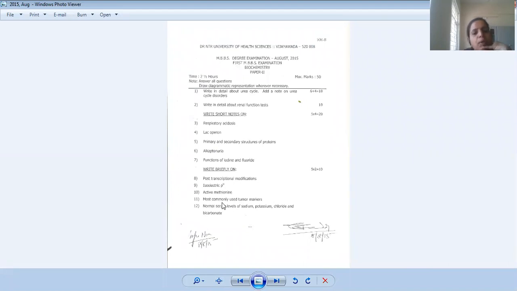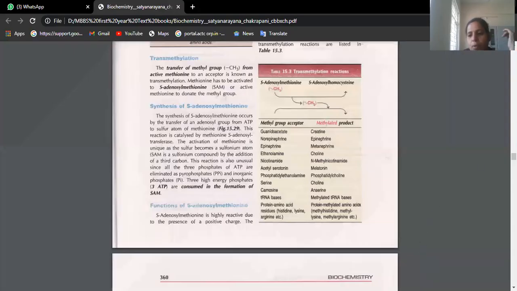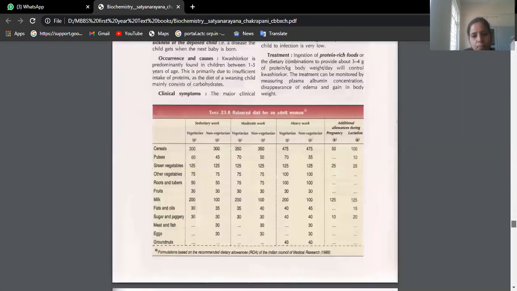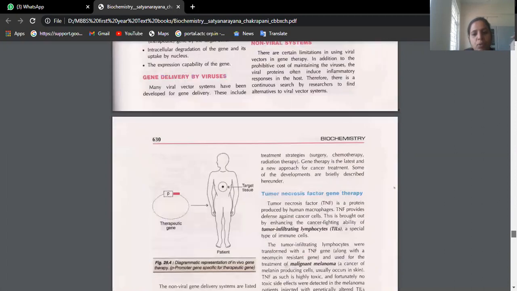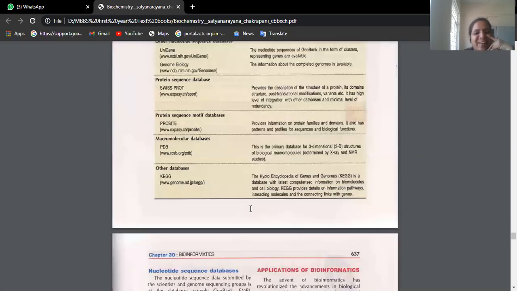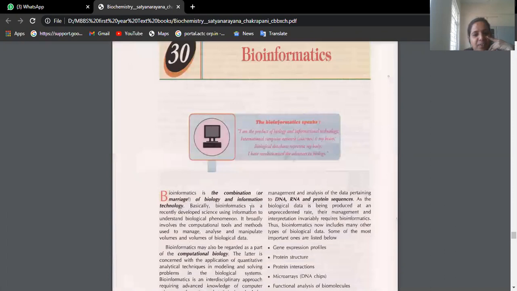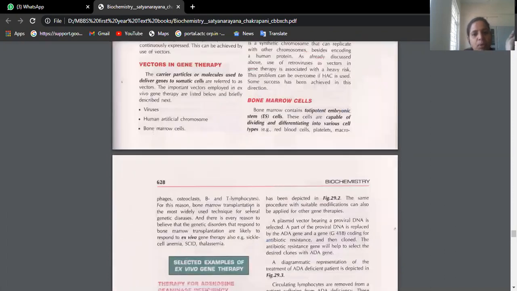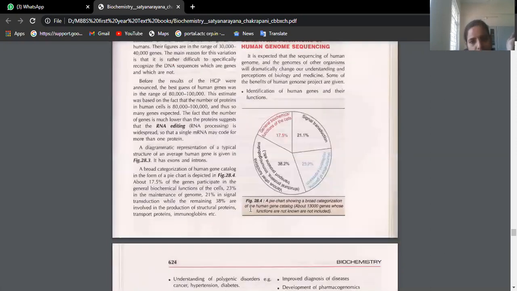So what are the most commonly used tumor markers? Do you remember the names of the tumor markers? In cancer, there's a table for that. Do you remember at least one tumor marker? No, ma'am. Okay. So just tell me what do we need these tumor markers for?